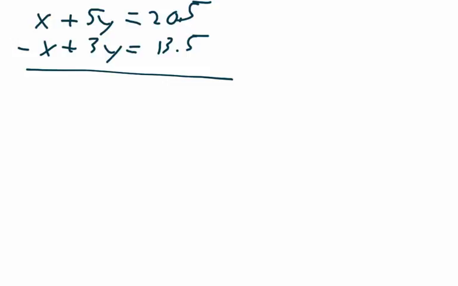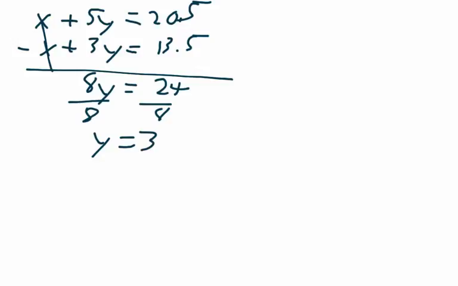Alright, the next one, number 6, I just rewrote this differently because we want the x's and y's to line up, so this is the x's and y's lined up. So the x's cancel without me having to multiply, so 8y is equal to 24. Divide both sides by 8, and y is equal to 3.